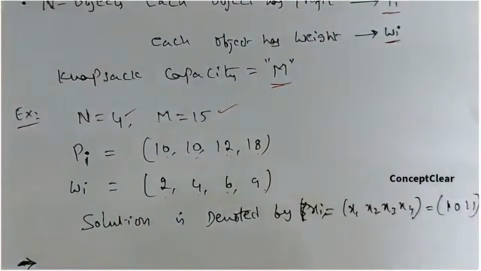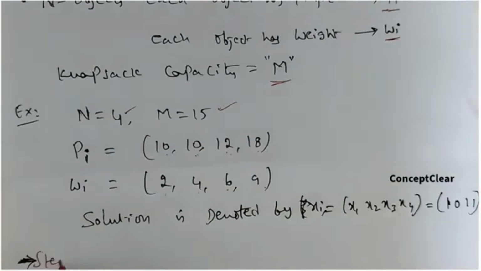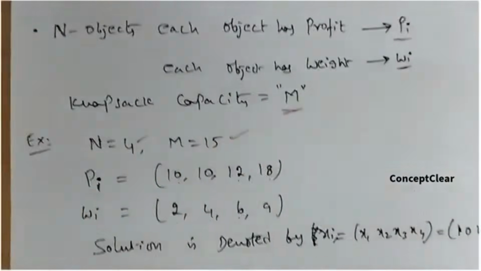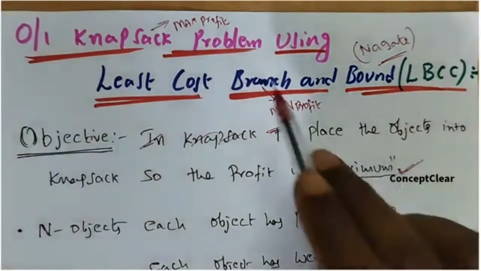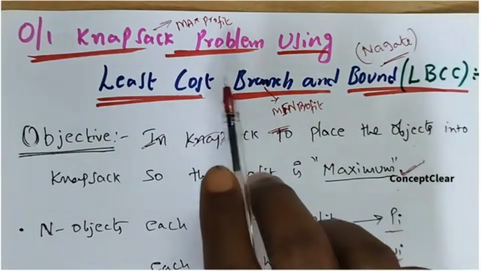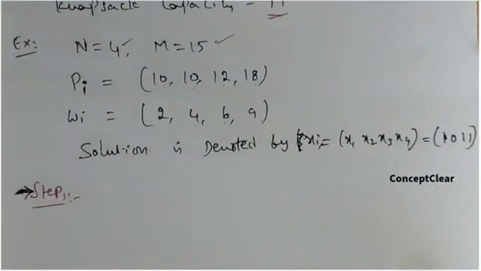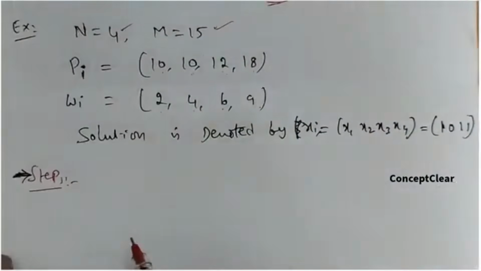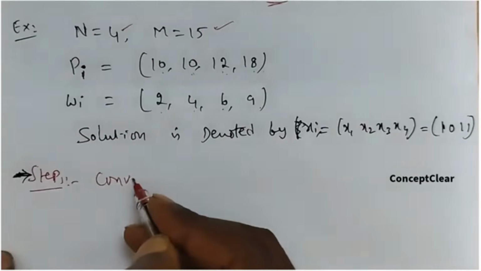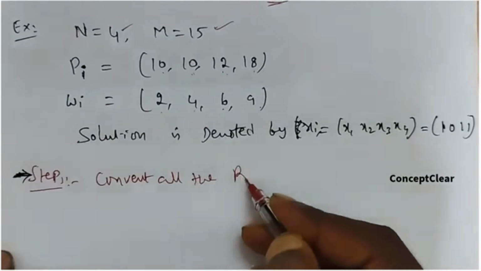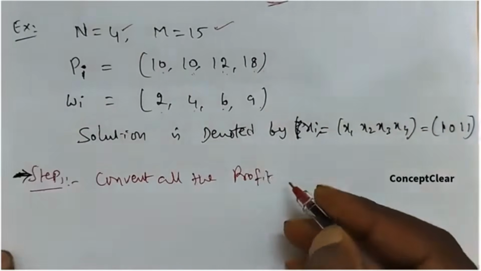Here, what are the steps? Step 1: we have to negate the values, as I already explained. Why? Because knapsack is a maximum profit problem while branch and bound is for minimum profit, so we have to convert all the profits into negative values.